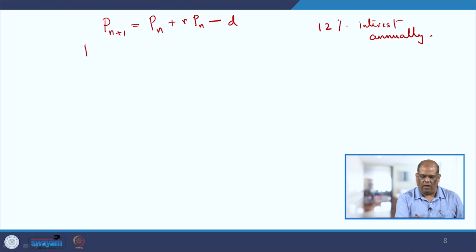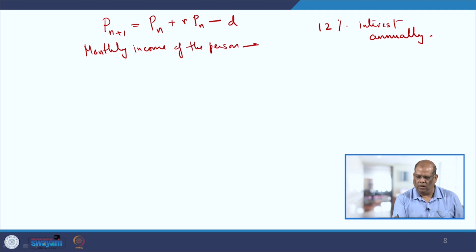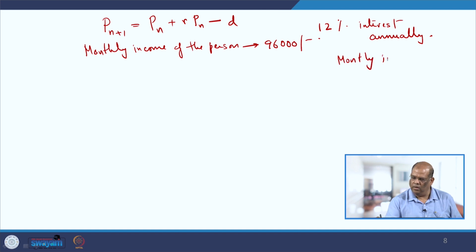The monthly income of the person, say 96,000, and the bank puts a clause that the monthly installment cannot exceed 1/4 of the monthly income.